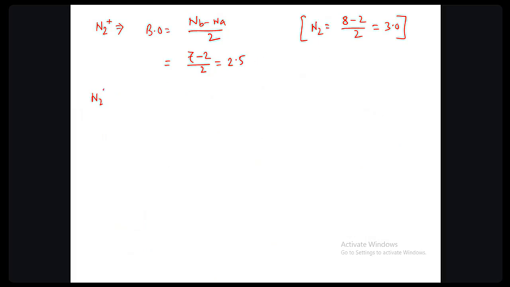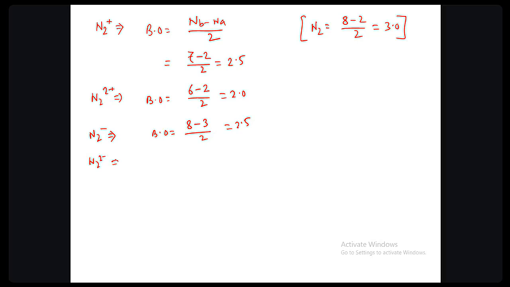Similarly, N2 2 plus means another electron lost from the bonding MO. So now it becomes 6 minus 2 by 2, that is equal to 2.0. Now N2 minus, the electron enters the pi star orbital, that is the anti-bonding orbital, so anti-bonding electrons increase. Basic is 8 bonding, anti-bonding 2, now it is 8 minus 3 by 2, 2.5.